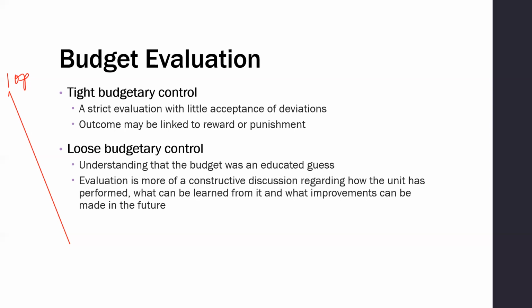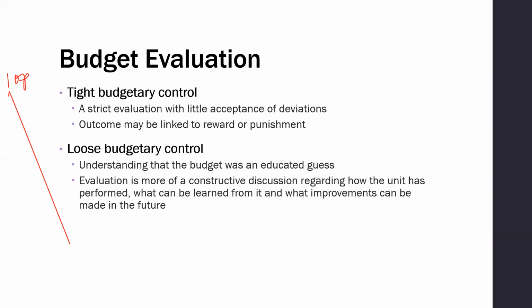So evaluation is more of a constructive discussion regarding how the unit has performed, what can be learned of it, and what improvements can be made in the future. In other words, to what extent is the budget a central component of performance evaluation? If it's a central component, tight budgetary control ang tawag doon. If it is not a main component or not a critical component of performance evaluation of managers, then it's loose budgetary control.